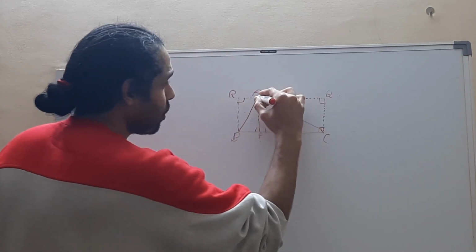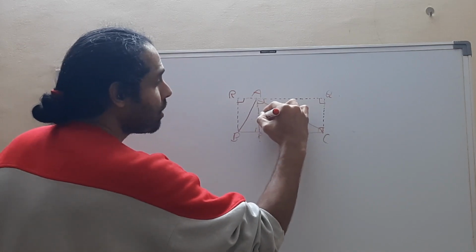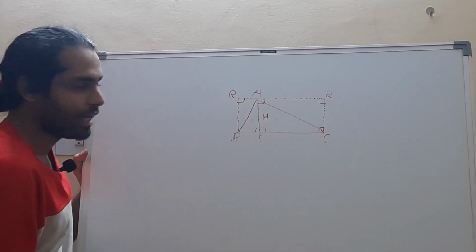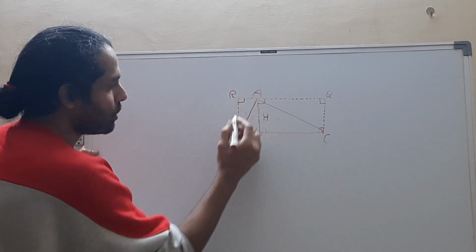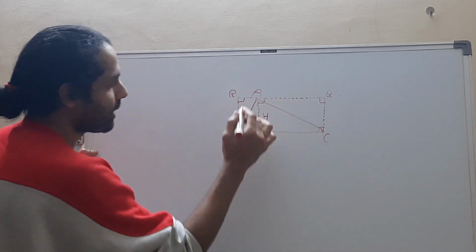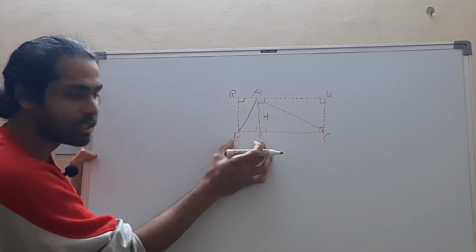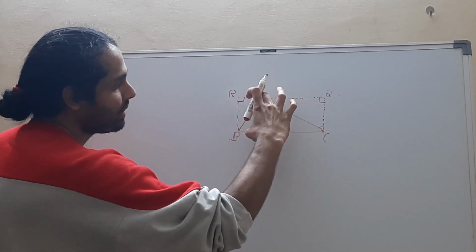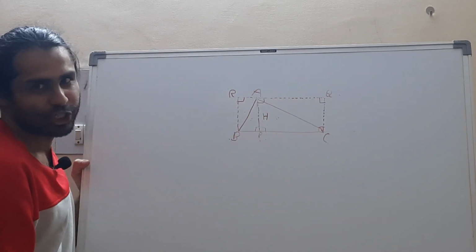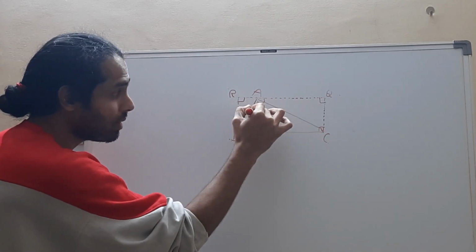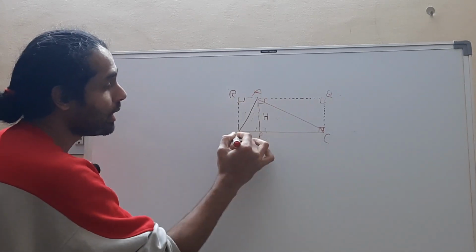Let's do this one first. I'll call this height AP, H, H for height, okay? AP is basically H. So in this rectangle ARBP, the length is BP and the breadth is AP or H, and we're going to take half of that because we don't want the rectangle, we only want this particular triangle ABP.